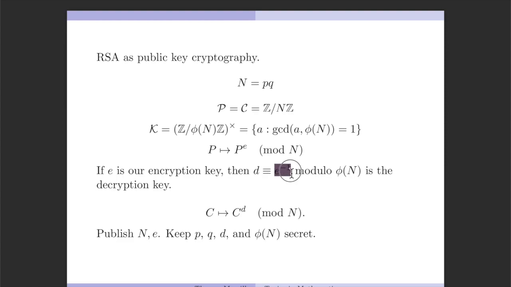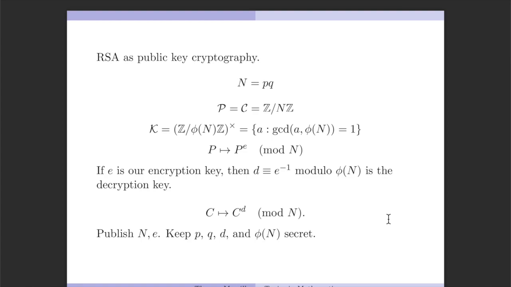So I've picked my encryption key here to be exactly one of those residues that does have a multiplicative inverse. And this works because exponents mod n can always be reduced mod phi of n. So my decryption formula is going to be take your ciphertext C, raise it to the power d, and that will reproduce the plain text message.